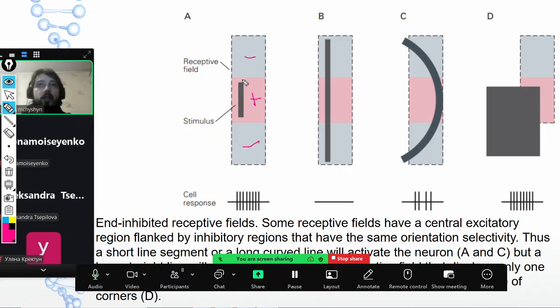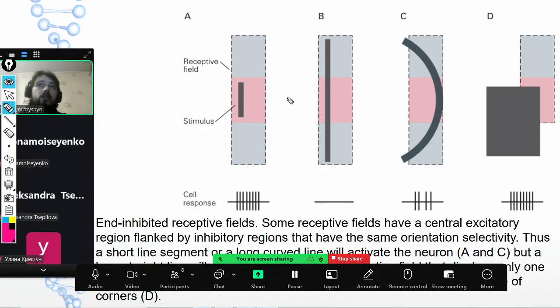Whenever something gets into the plus, it has an urge to generate action potentials. Whenever something gets into the minus, it inhibits that generation, and we have no action potentials.